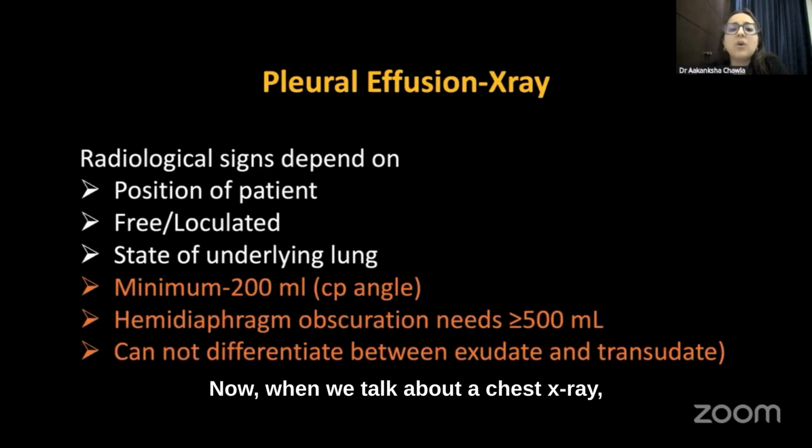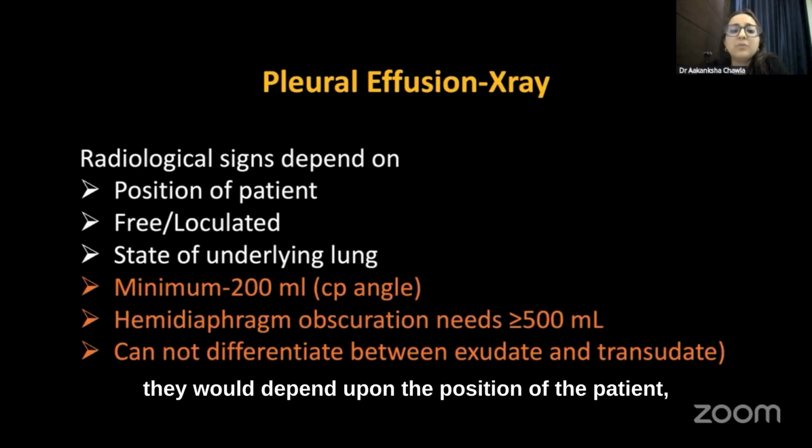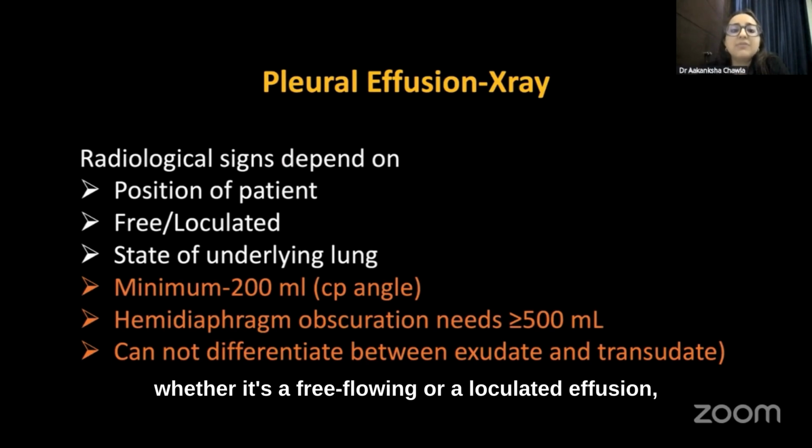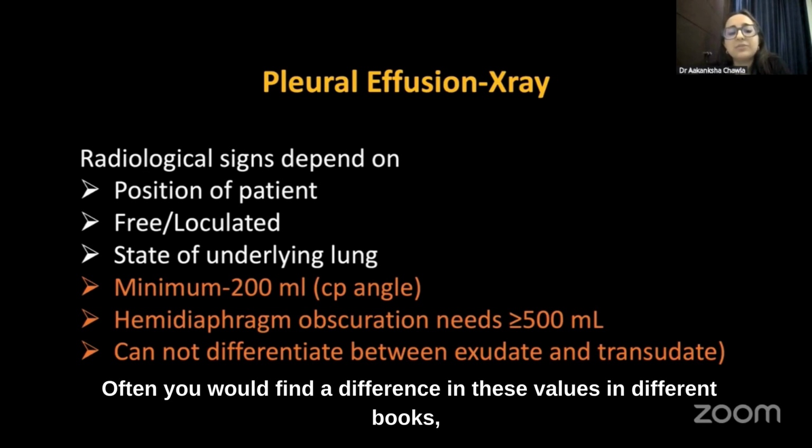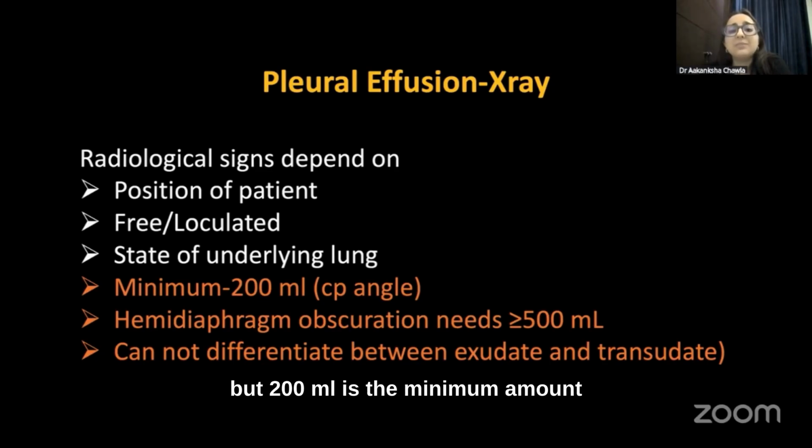Now, when we talk about a chest X-ray and radiological signs of effusion, they depend upon the position of the patient, whether it's a free-flowing or a loculated effusion, and the state of the underlying lung. For your costophrenic angle to be blunted, the minimal amount of fluid required is 200 ml. Often you would find a difference in these values in different books, but 200 ml is the minimum.